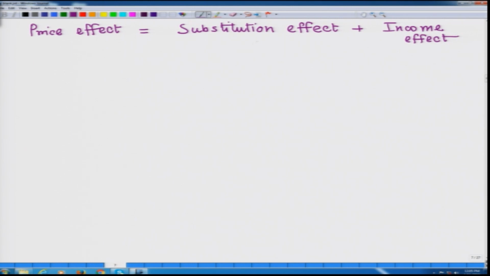So, the substitution effect takes care of the first effect that we talked about.